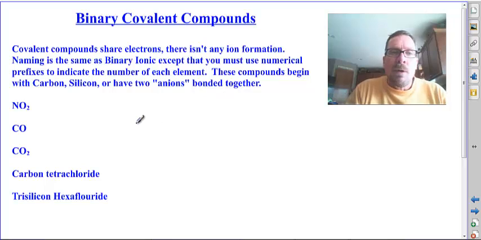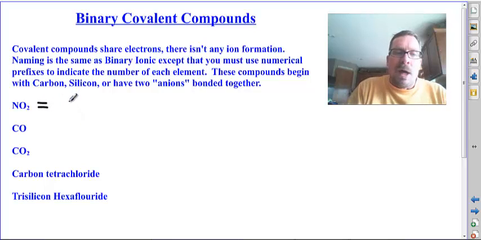So here we go. Covalent compounds share electrons. There isn't any ion formation. We're only going to work with binary ones, so you can see all our formulas here have only 2 elements. What makes this different? The naming is the same. I'll start with our first formula, NO2. I name the first element, and I'm not going to call it a cation because it is not an ion.